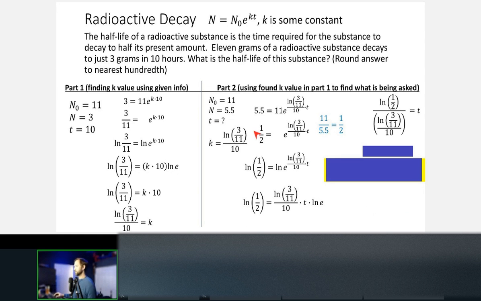And there is a little trick that we can do since I couldn't really figure out on the spot how to store that value into a variable. It's probably really easy. But what we can do is type in this K value. So we have natural log of 3 over 11 all over 10. If we type that in, it stores it as our last value. So we would type in the K value first.